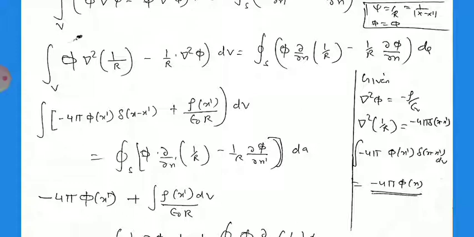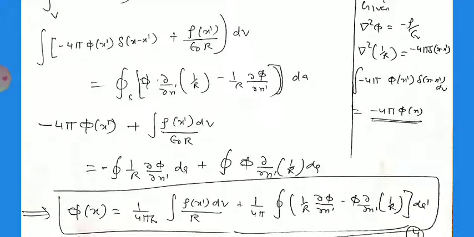And on calculating and substituting these values, we obtain phi of x equal to 1 by 4 pi epsilon naught integral of rho of x dash dV by r plus 1 by 4 pi surface integral of 1 by r del phi by del n minus phi del by del n of 1 by r dA.